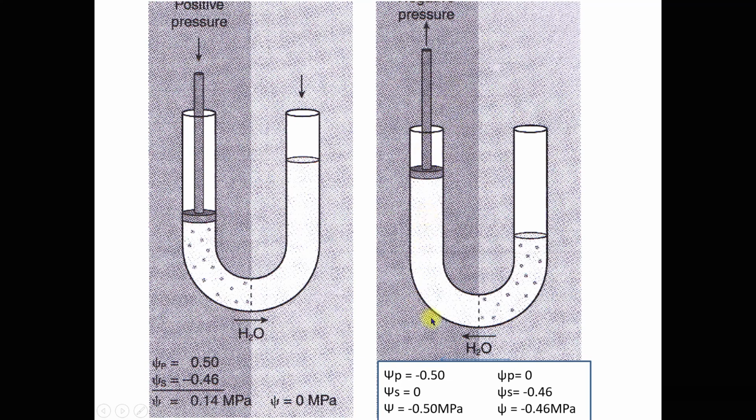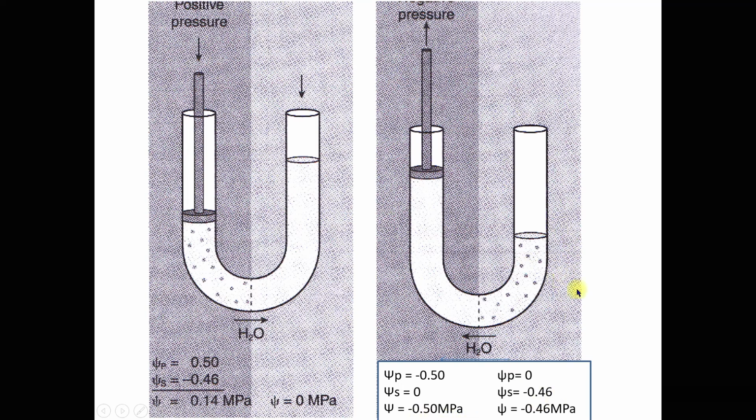Right, and this solution here consists of only pure water. So solute potential is 0. So the water potential in this region will be negative 0.50 plus 0, you get negative 0.50.